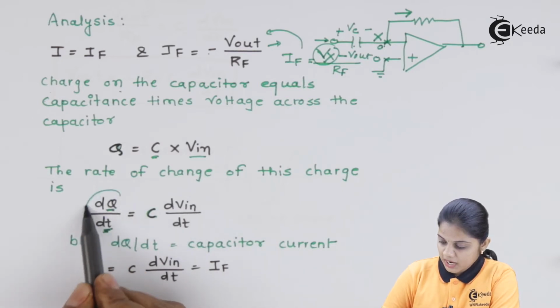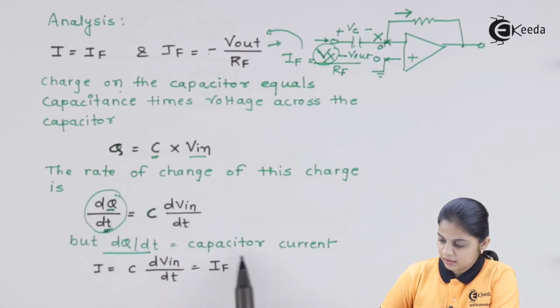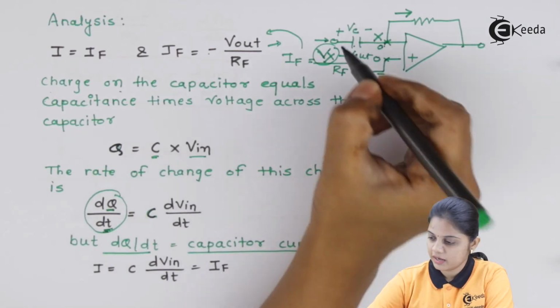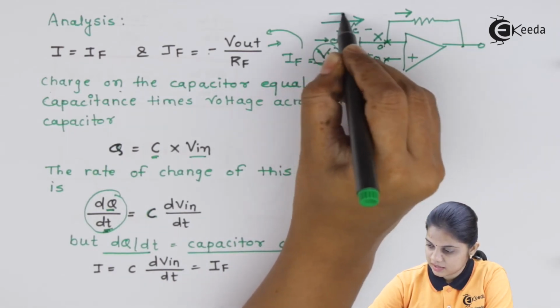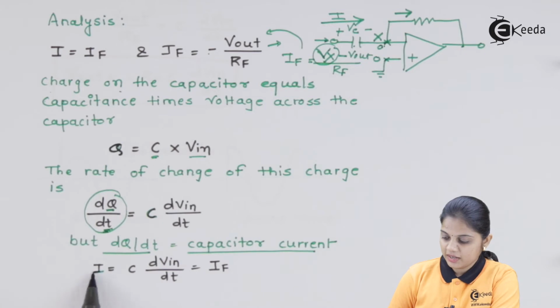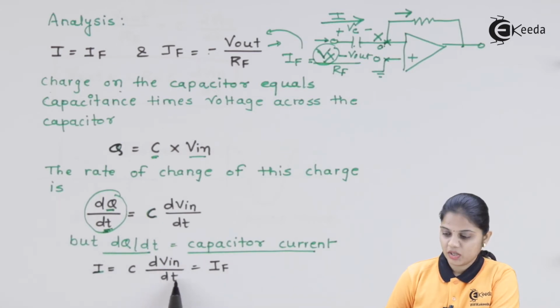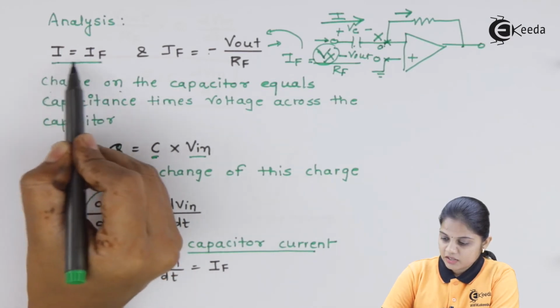Now we know that this dq by dt is nothing but the capacitor current, that is the current flowing through the capacitor, this current I. So we can write I is equal to C into dVin by dt. Here we have written that I is equal to IF.